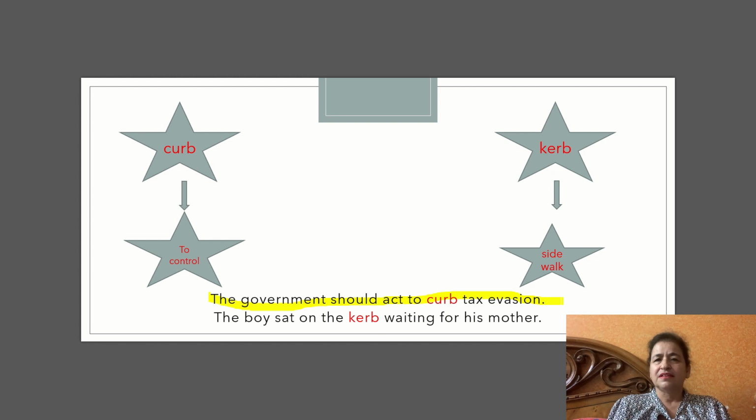When you're using to curb tax evasion, that means to stop the tax evasion completely. Then the second kerb, which I told you was the edge of the pavement: the boy sat on the kerb waiting for his mother. Perhaps his mother was coming from somewhere and he had to wait for her, so the boy sat on the kerb waiting for his mother.